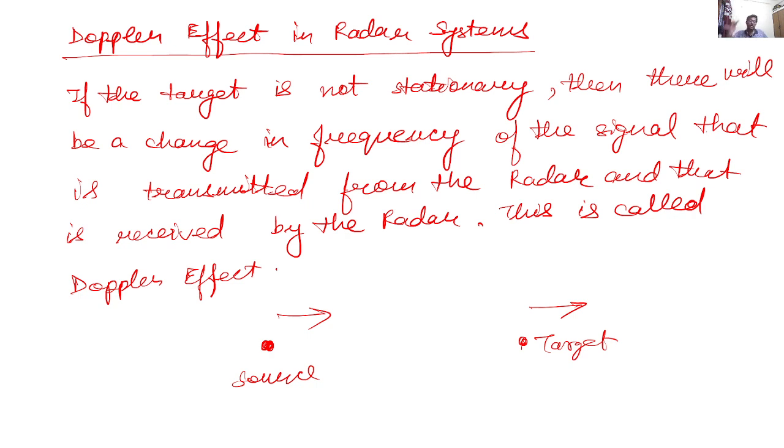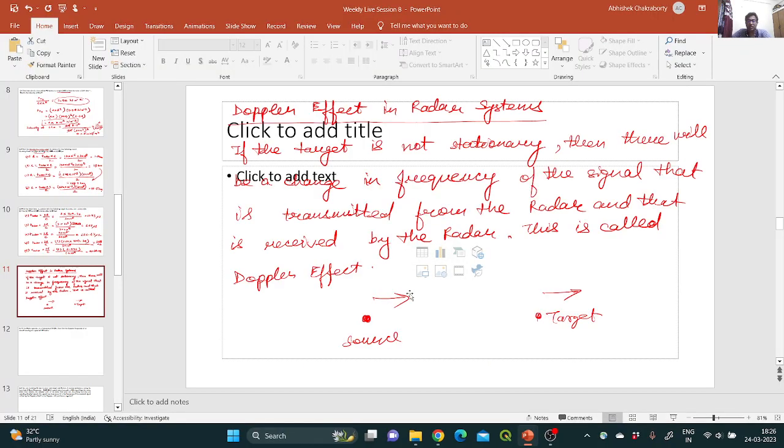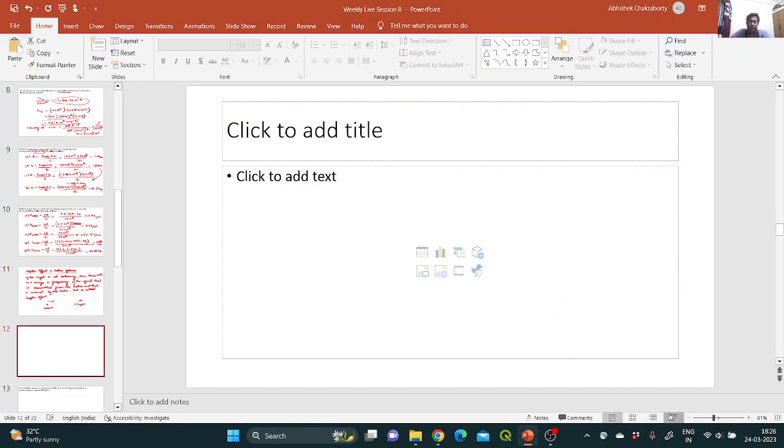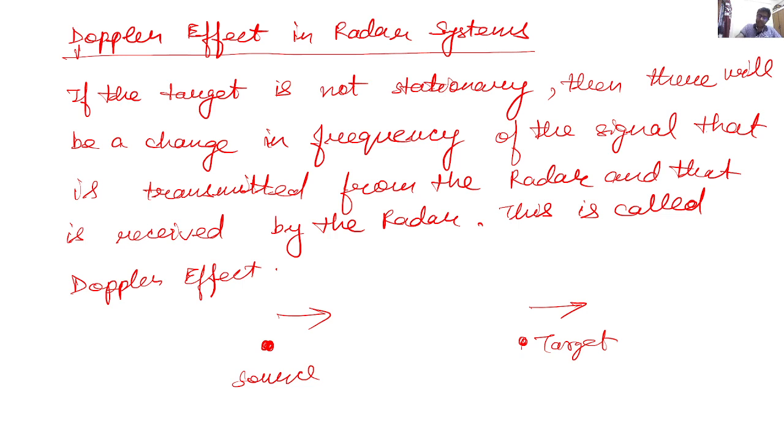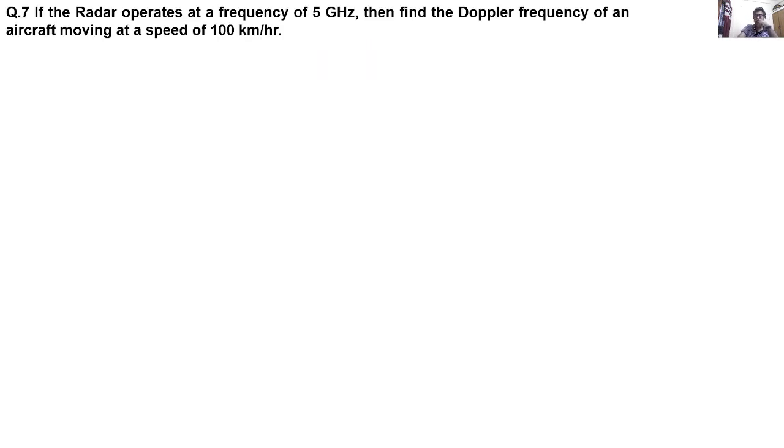So the Doppler effect becomes extremely important in such cases. Let me explain a bit more. Let's take some simple Doppler effect cases. I would like to discuss this question basically, but for that I need to build up some concepts.